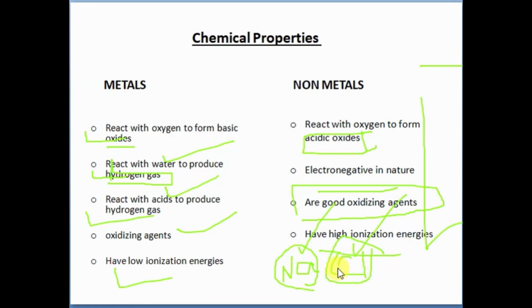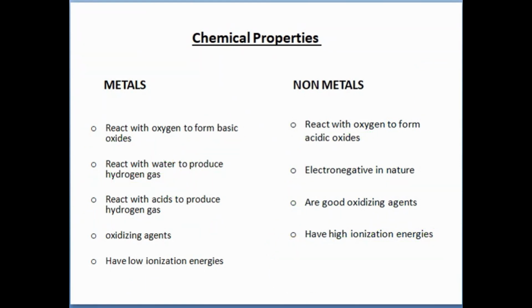Cl cannot easily give its electron. Because it has high ionization energy, it is very difficult to lose an electron from the last shell of chlorine, so it will gain. Na cannot gain an electron because it has very low ionization energy; it will lose an electron. I hope this is clear about ionization energies.